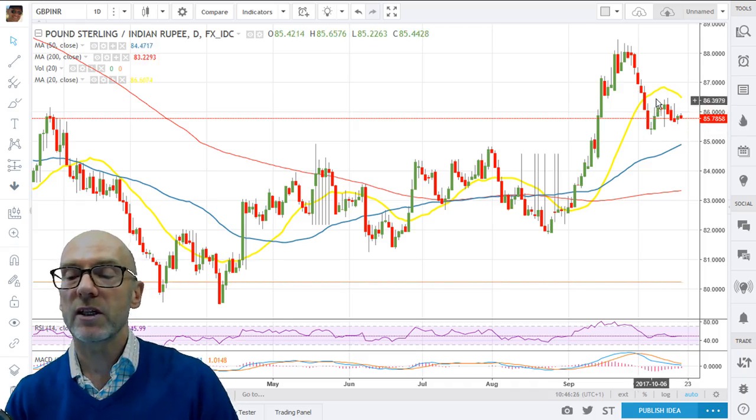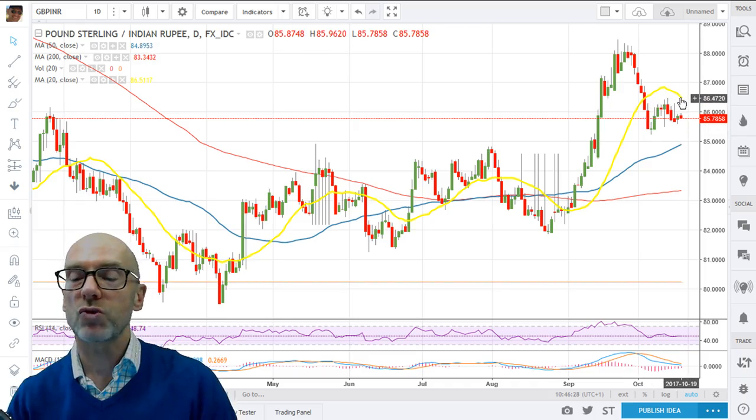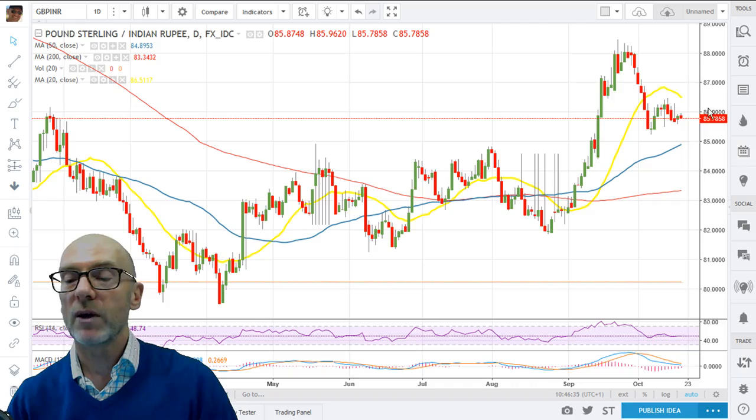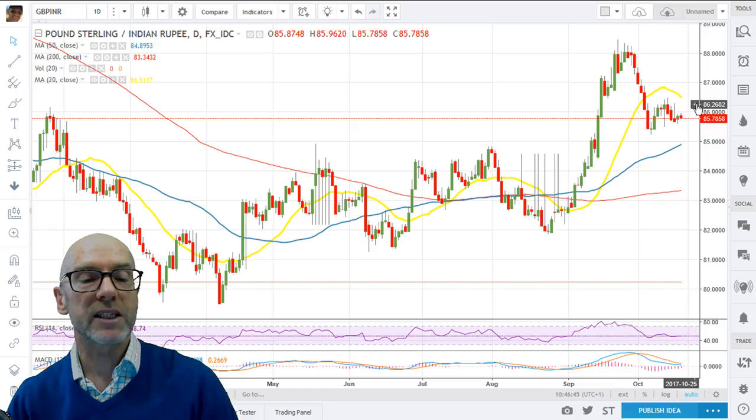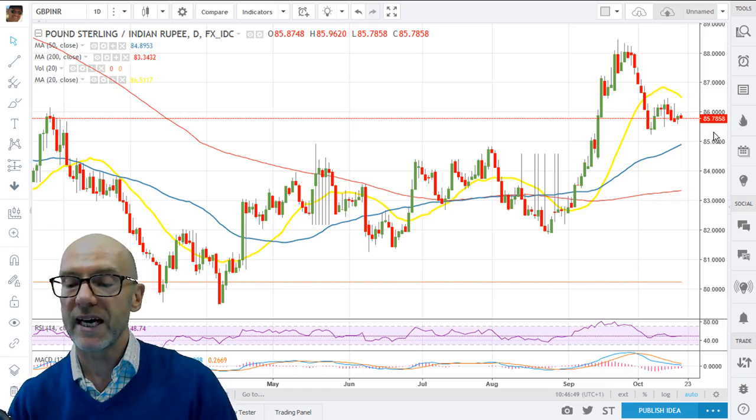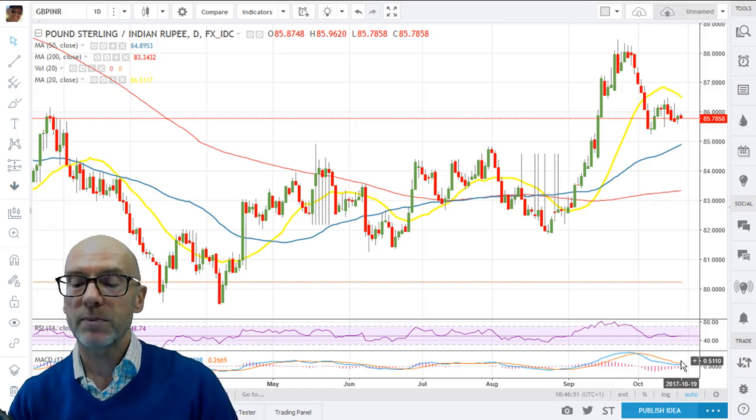You can see that the 20-day moving average has rolled over, but the 50-day is now obviously the support that's moving up, and we could see a pincer formation between these as they get close to the pound INR spot level. The 20 days at 86.51 and the 50-day 84.89. Momentum has been lost.